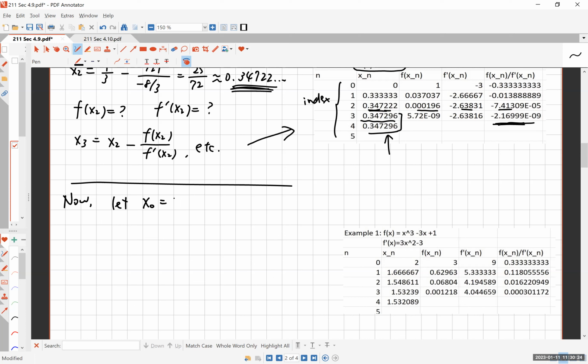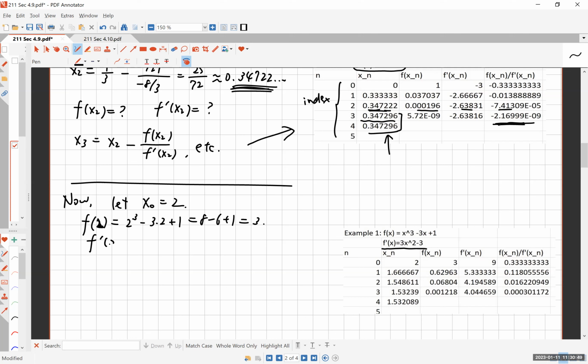Let x0 be 2. So now f of 2 is going to be 2 cubed minus 3 times 2 plus 1, and that's 8 minus 6 plus 1, that's 3. The derivative, well, I have the derivative written here.